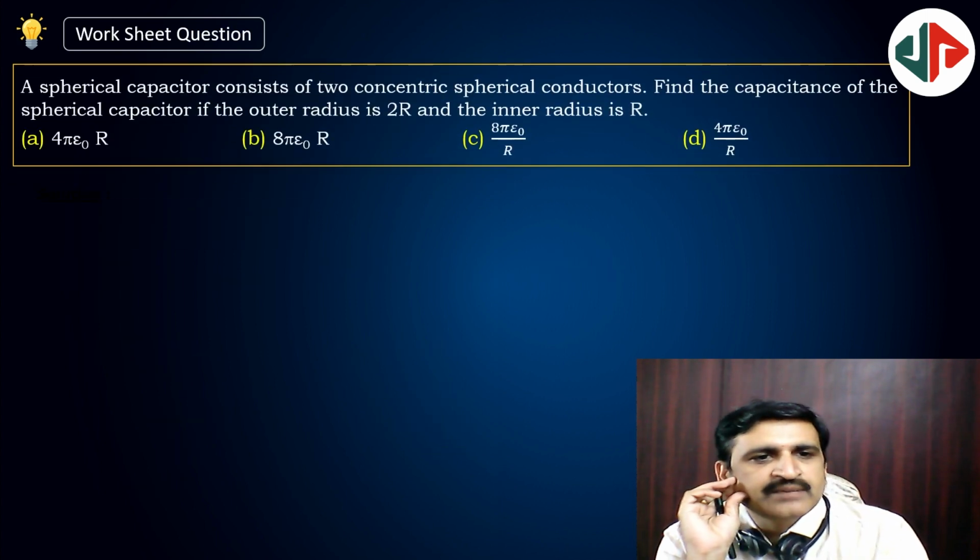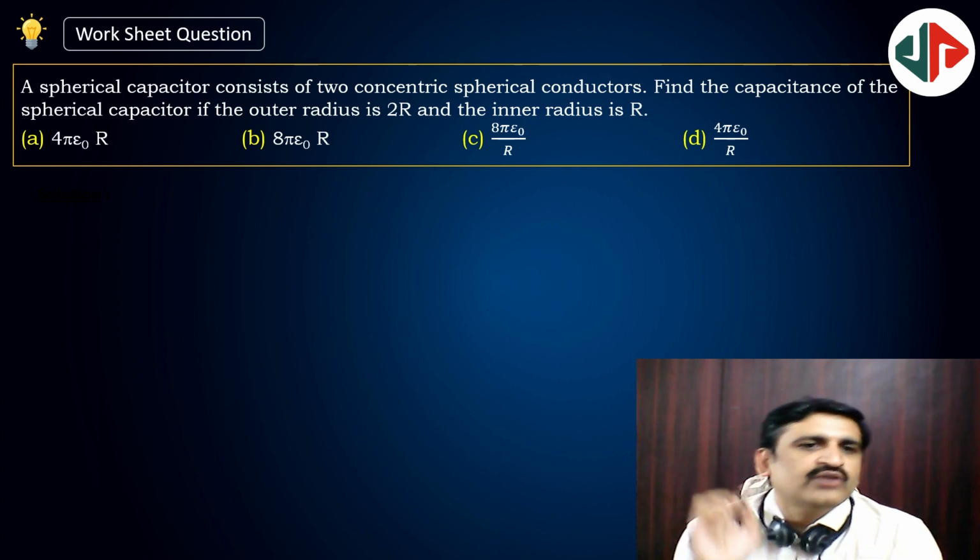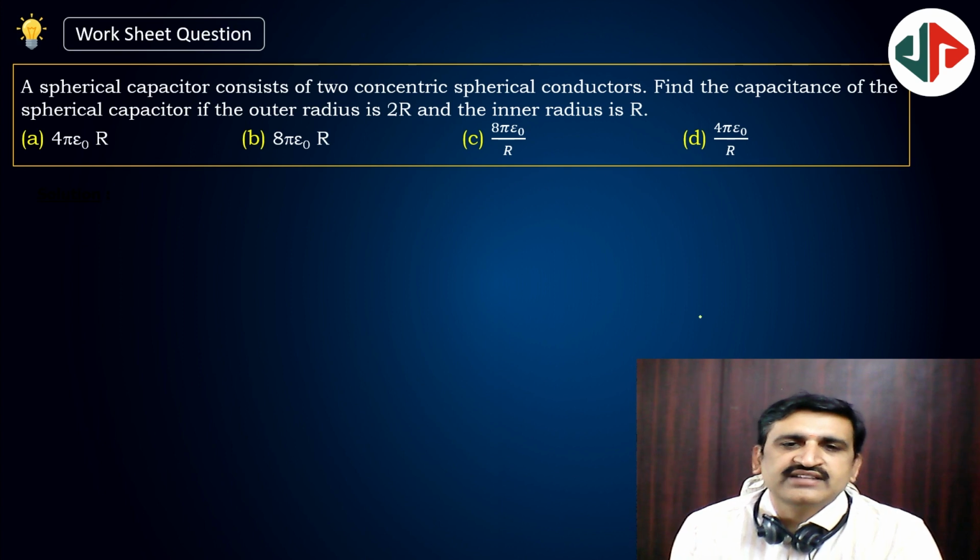Next, a spherical capacitor consists of two concentric spherical conductors. Find the capacitance of the spherical capacitor if the outer radius is 2r and the inner radius is r.